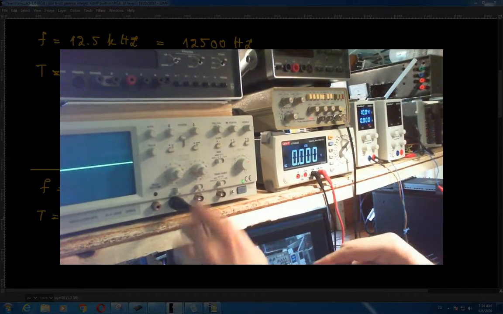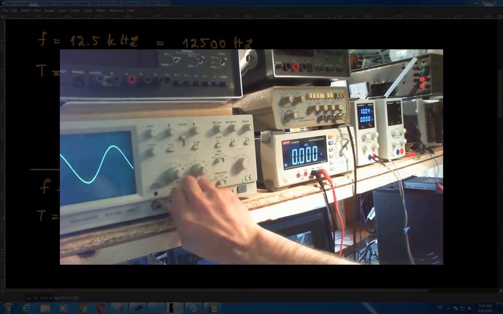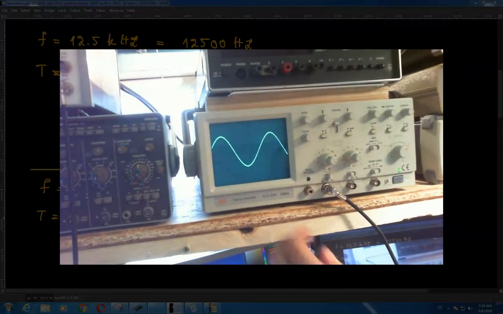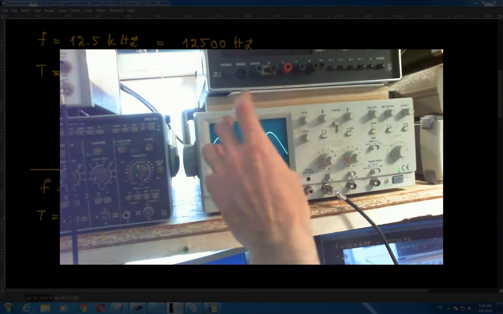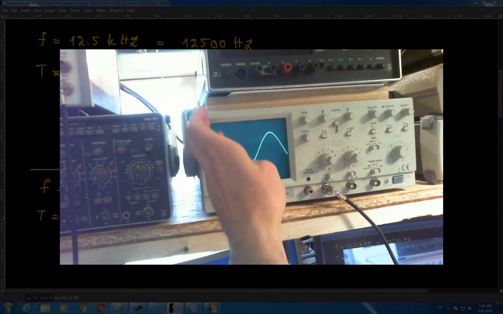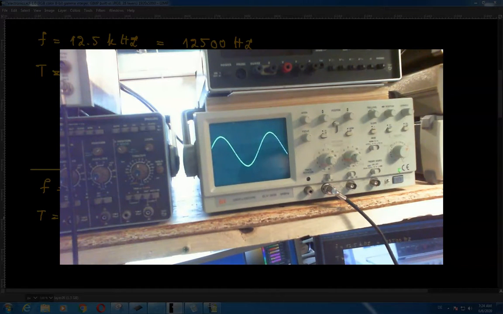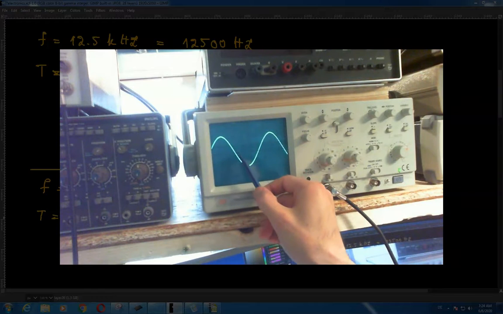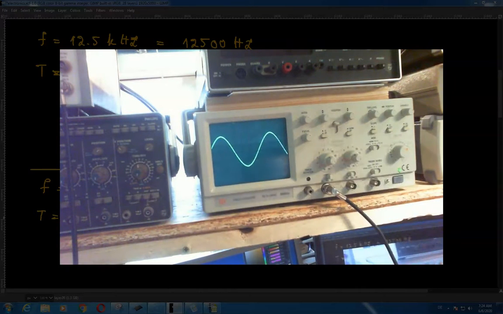So I disconnect this and connect this output over here, and you can see that I have an AC signal, and the AC signal is changing over time, meaning that from this point in time the signal is changing: decreasing, negative, positive, increasing, and so on and so forth.